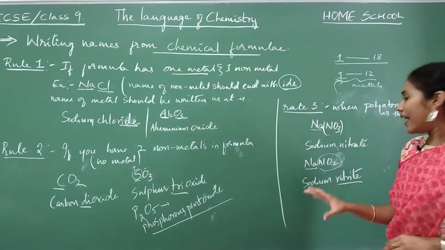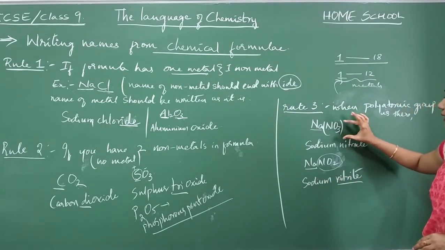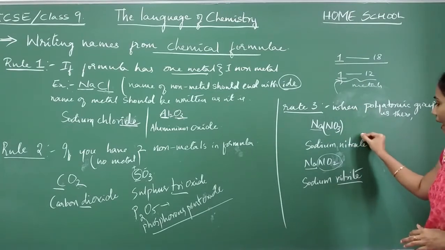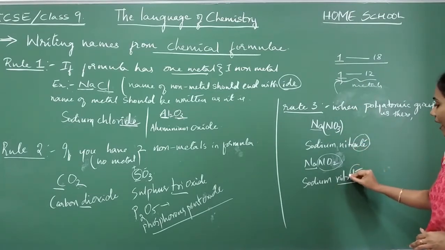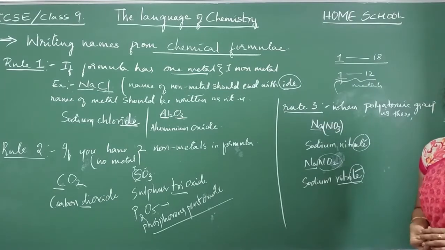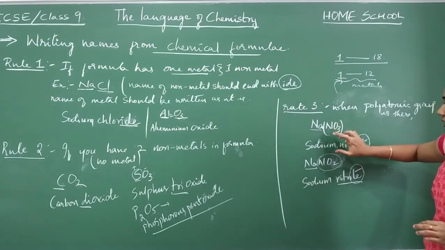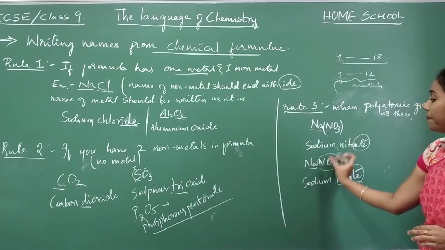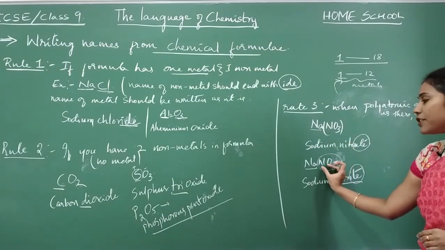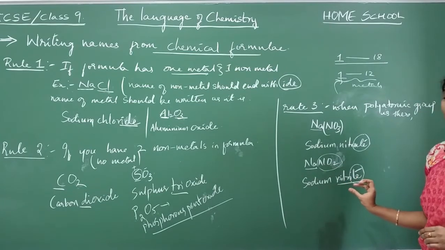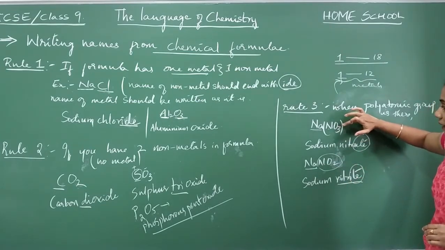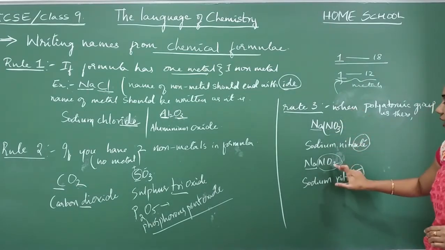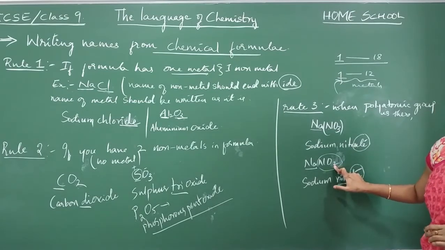You should have an idea when to add ATE and when to add ITE in a formula. This polyatomic group contains nitrogen and oxygen, and this polyatomic group also contains nitrogen and oxygen. Here you have the maximum number of oxygens, here you have the minimum number of oxygens.